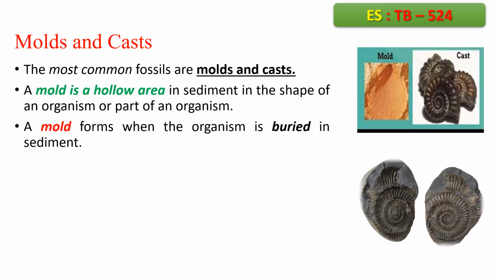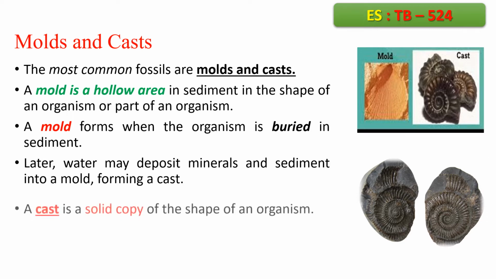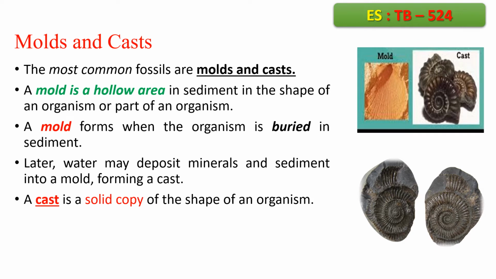A mold forms when the organism is buried in sediment. Later, water may deposit minerals and sediment into a mold, forming a cast. A cast is a solid copy of the shape of an organism. Molds and casts can preserve fine details.